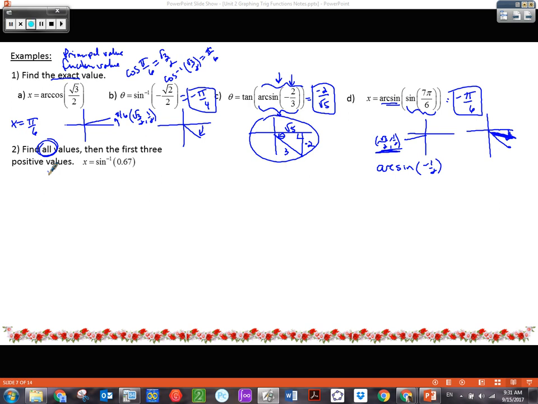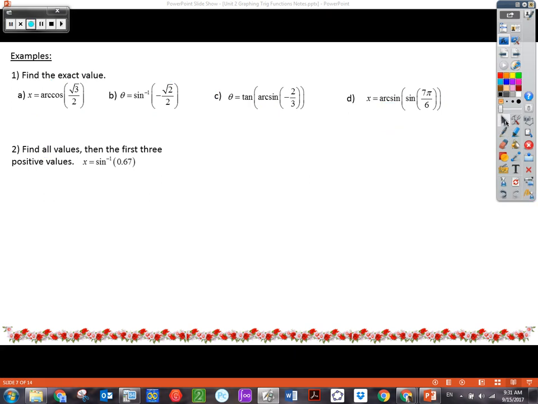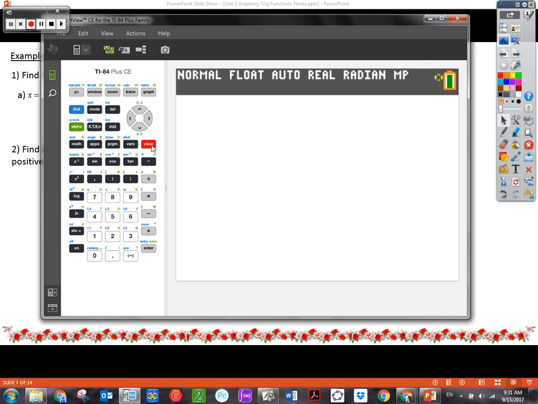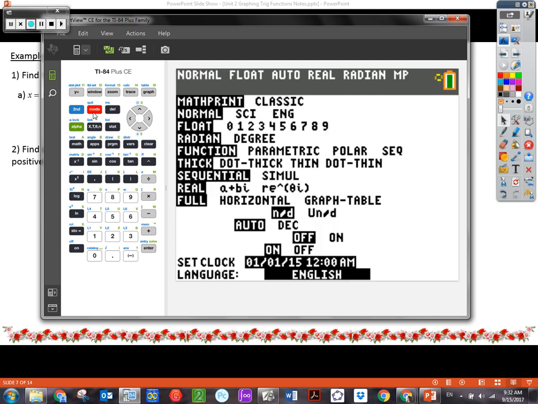So this we would need a calculator for. If you have your calculators with you, it'd be great if you would get that out. I'm going to go ahead and pull mine up. So let's see, does it say whether to be in radians or degrees? It doesn't say. So of course I love radians. I'm going to be in radians, not degrees. So let's make sure our mode is in radian mode, and mine is.